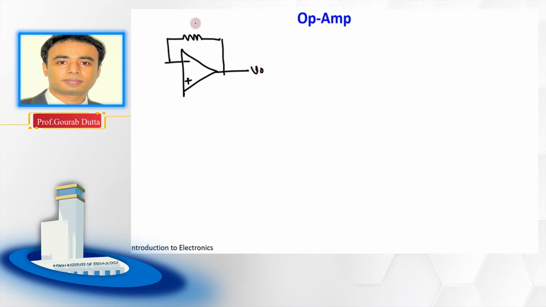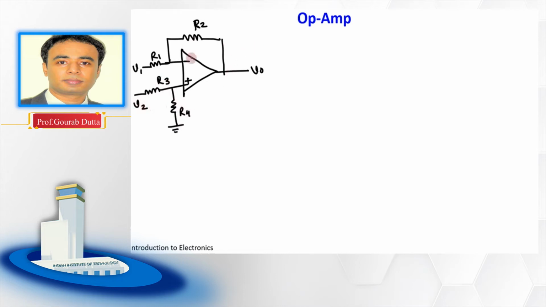This is the output, this is R2, this is R1. Here we have applied V1. Here we have R4, we have R3 here, we have V2 here, right?